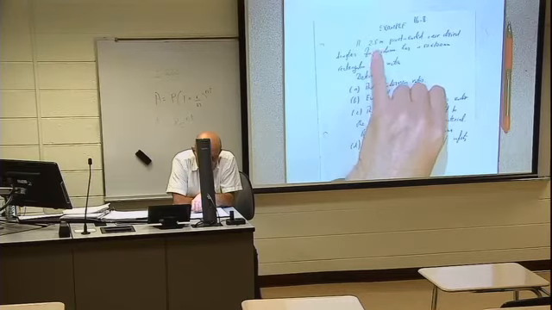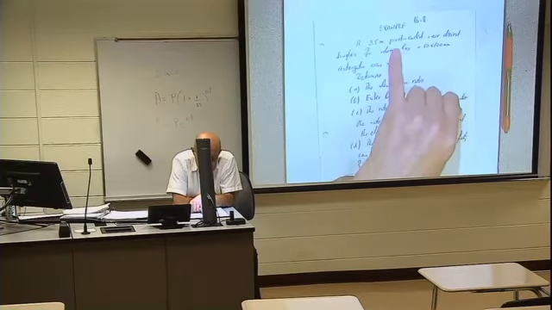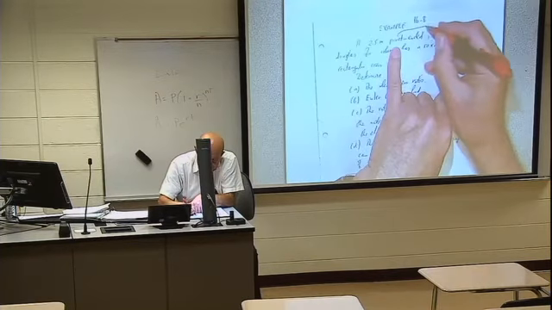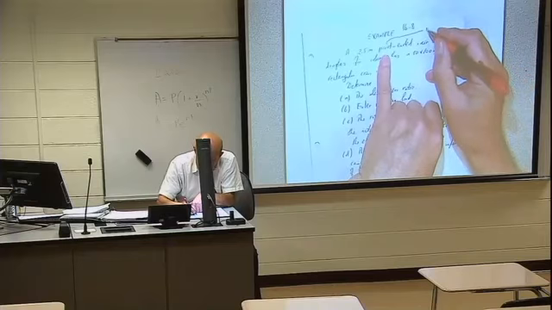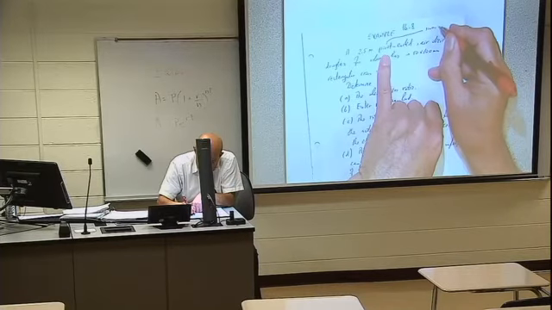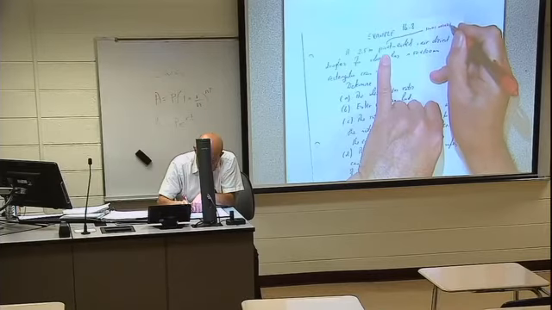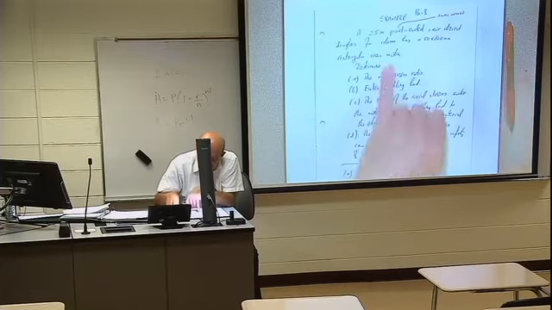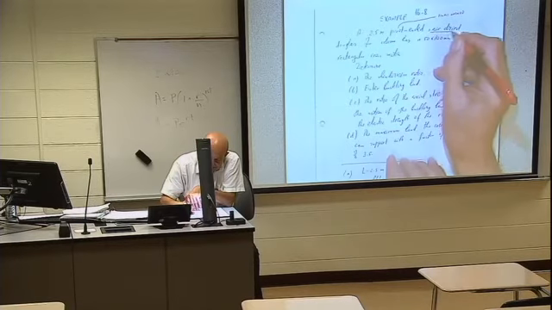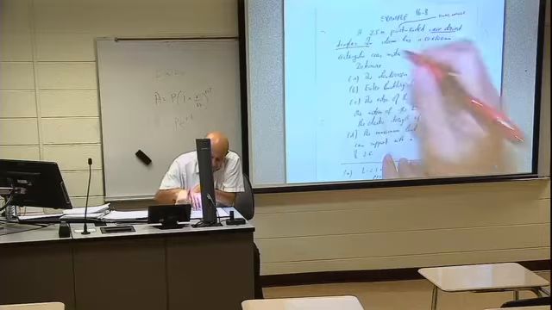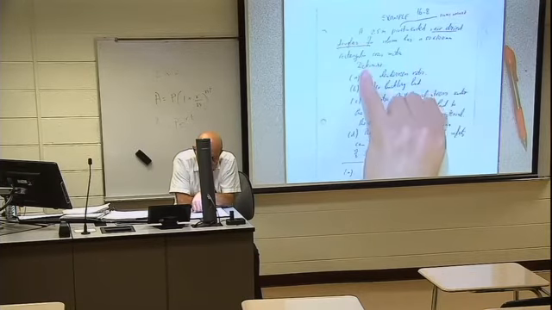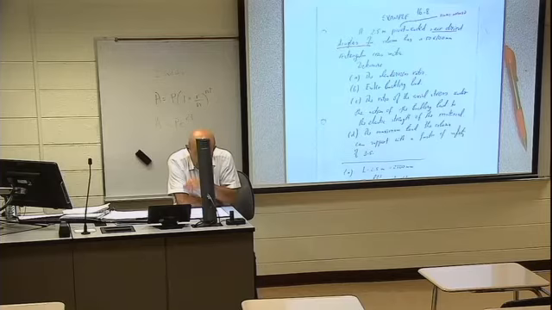A 2.5 meter pivot-ended column, meaning simple support, of air-dried Douglas fir, so that is the material, has a 50 by 100 millimeter rectangular cross section.